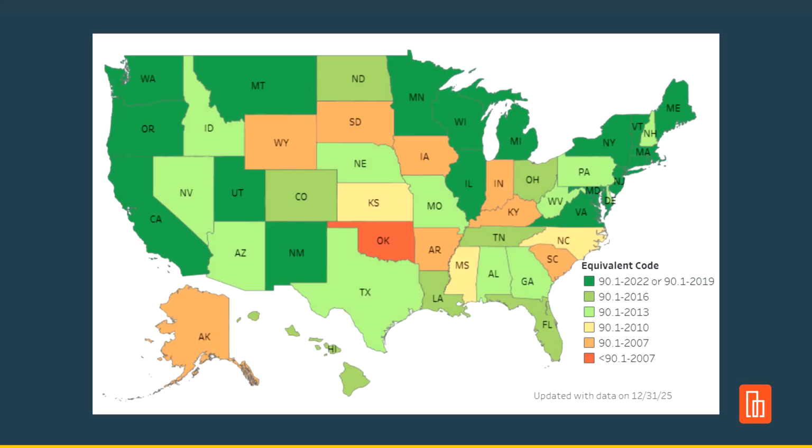And if we look at this, and I got a screenshot of this the other day, it was last updated at the end of last year. And we can see the green there, the darkest green is 2019 and 22. So really what we're looking at, we're going, okay, let's implement workflows, solutions for just these two versions of the code.